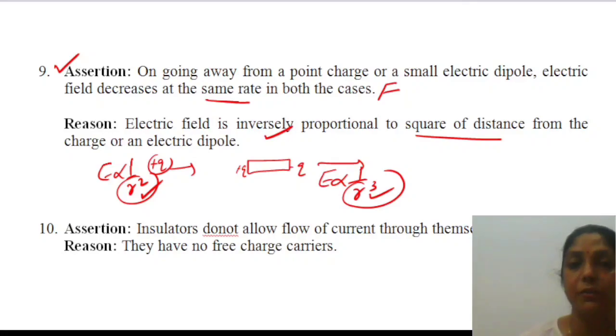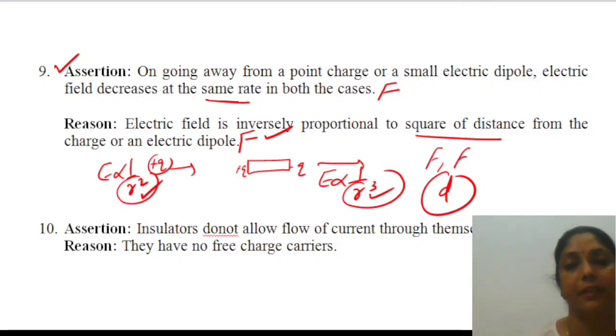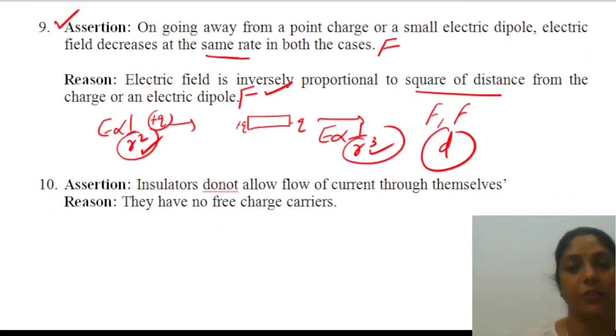Right? So this reason is also false. And if both assertion and reason are false, which option is correct? Option number D. Right? So the answer for question number 9 is option number D. Right? Next, question number 10.